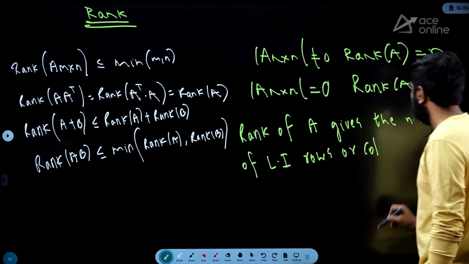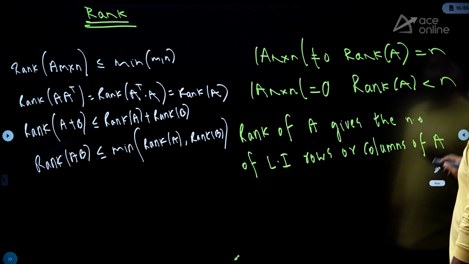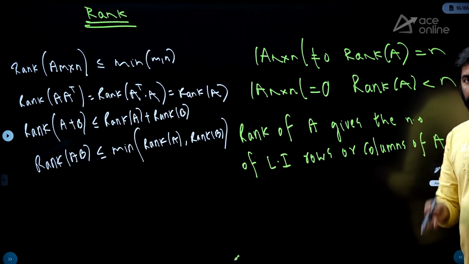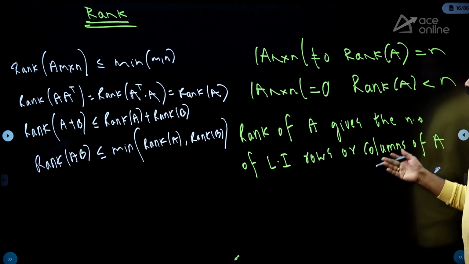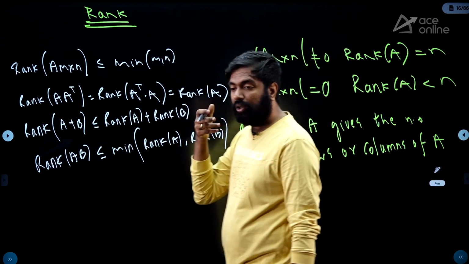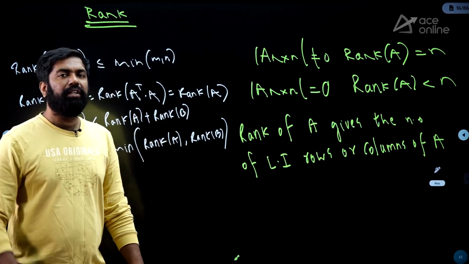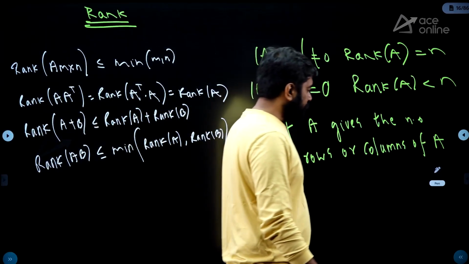It gives the number of independent rows or columns of the matrix A. This is very important for computer science and data science. This idea that the rank of A tells how many rows are linearly independent, how many columns are linearly independent.